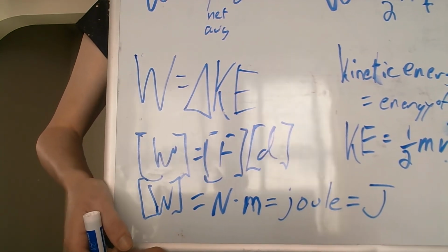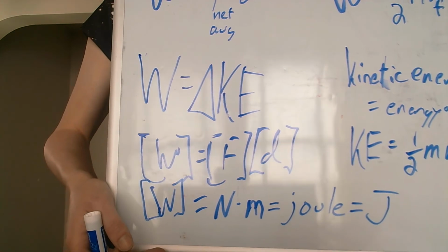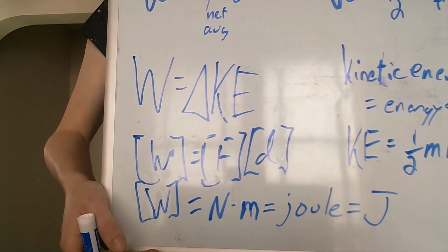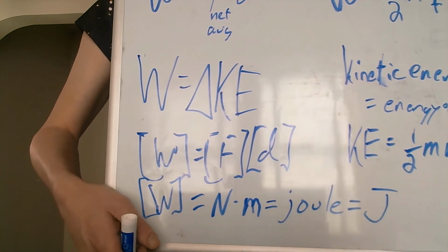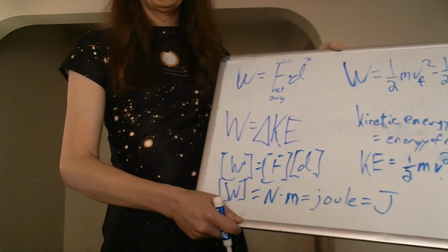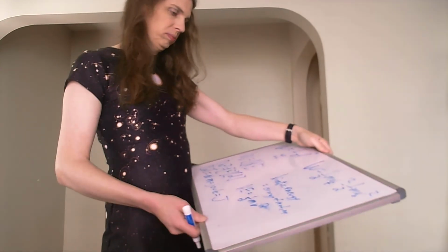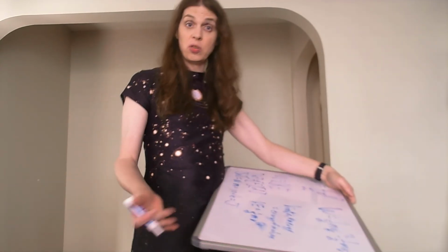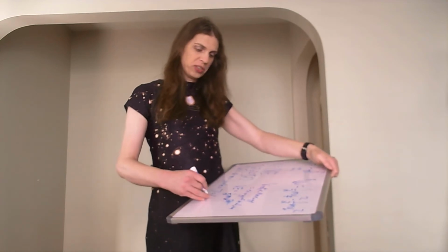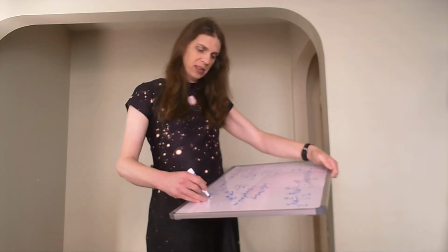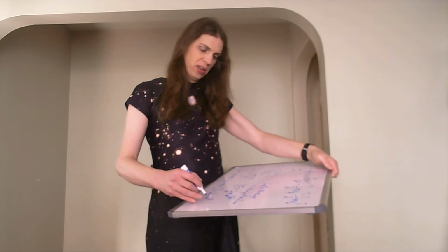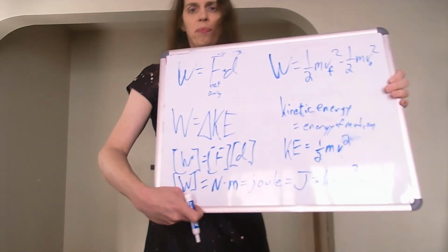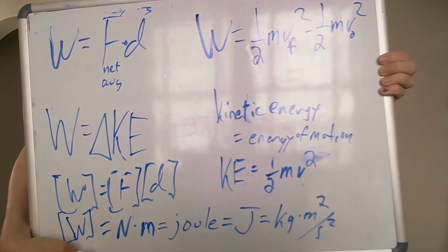So it's spelled Joule, and if you're writing out the long way, use a lowercase j, but if you're using the abbreviation, it's capital J. And it's the same thing as a Newton meter, which is the same thing as a kilogram times a meter squared per second squared.